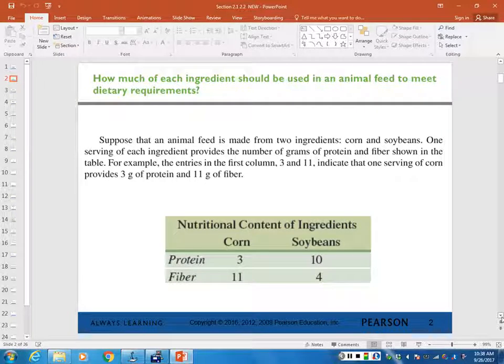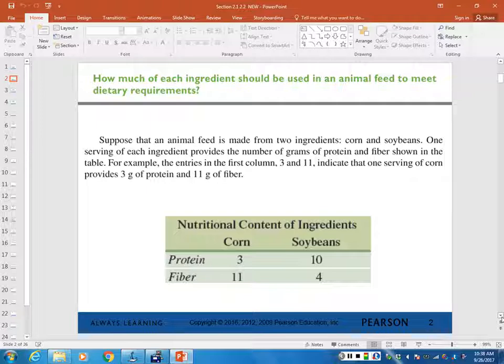It's simplified in that when you are in the farming business and you have to feed animals that you're raising as livestock, you have to make sure that they have all the nutrients they need in their food. And this is simplified because the only two products that we're using to make up this feed are corn and soybeans, and the only two nutrients that we're looking at here are protein and fiber.